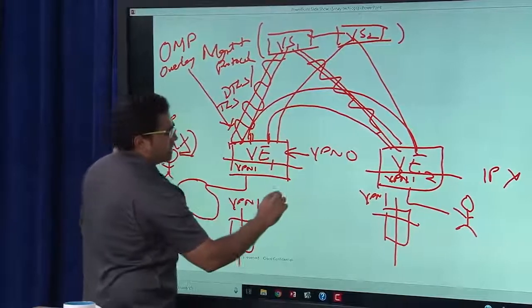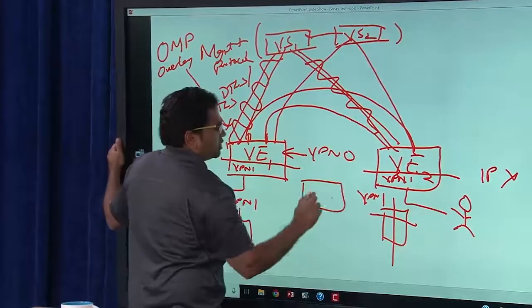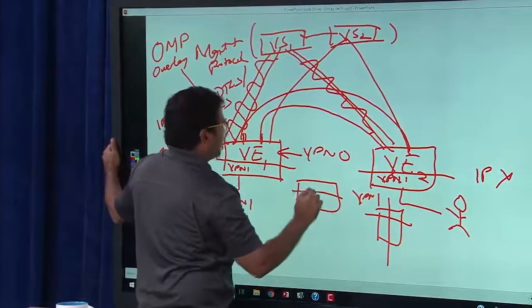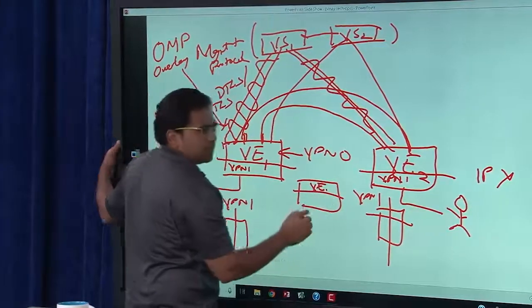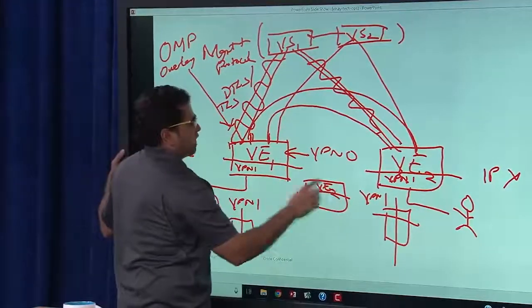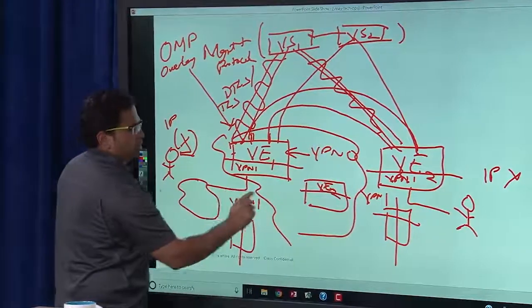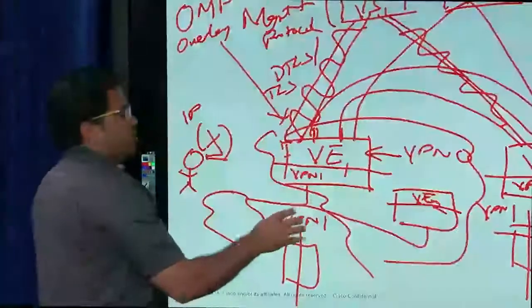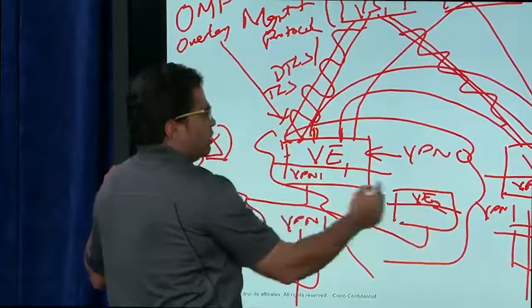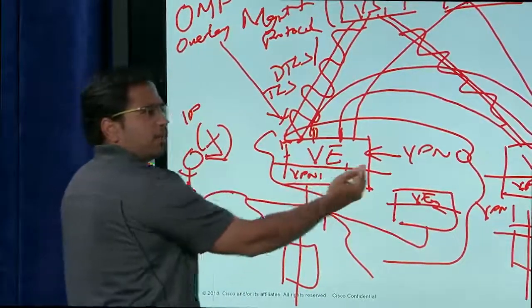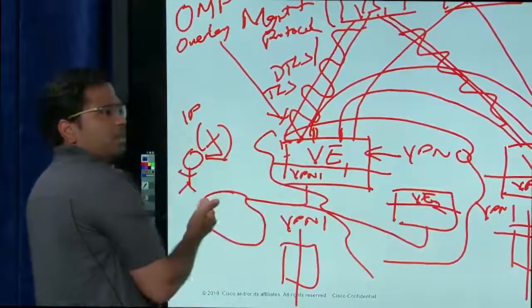And if a site consists of multiple nodes, you really don't want to establish connectivity between those two nodes themselves. So you could have a site that's front-ending the same user. So you don't need a loop right here where vEdge 1 is talking to vEdge 2 while front-ending the same user.